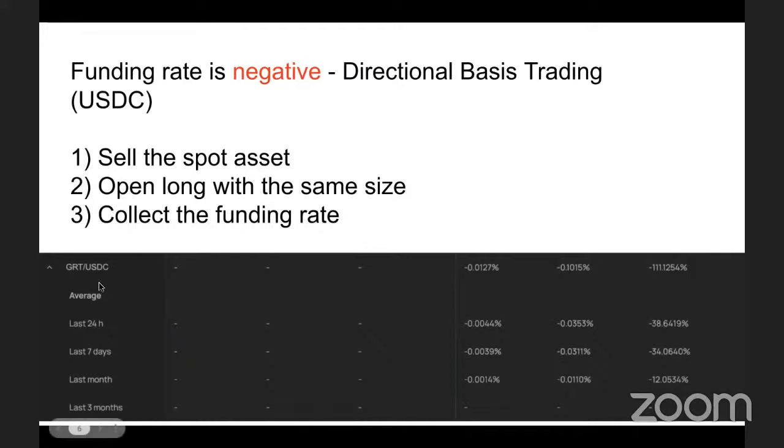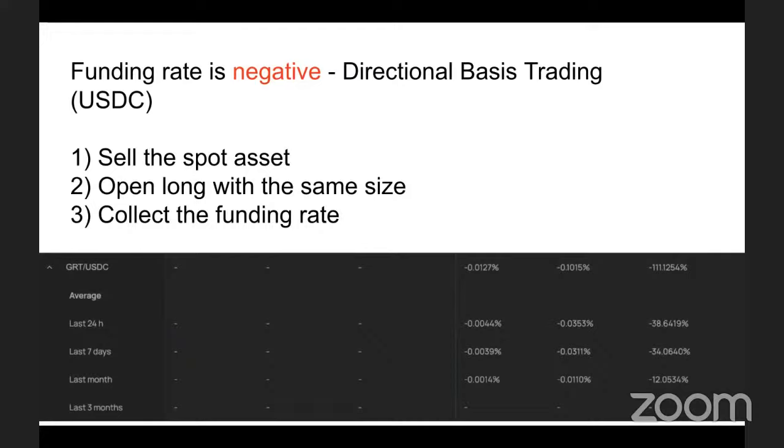So here's GRT, unfortunately without the last 3 months data, but with the last month data. It was fairly negative for the last 7 days, 24 hours, and even the last month. Usually when I've built my own strategies in my portfolio, I mostly looked at 7 days and the month. 24 hours is sometimes not enough to build it properly.